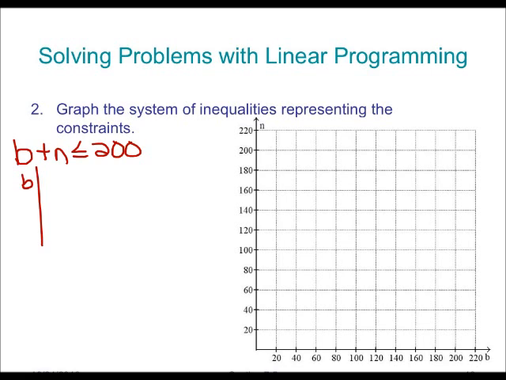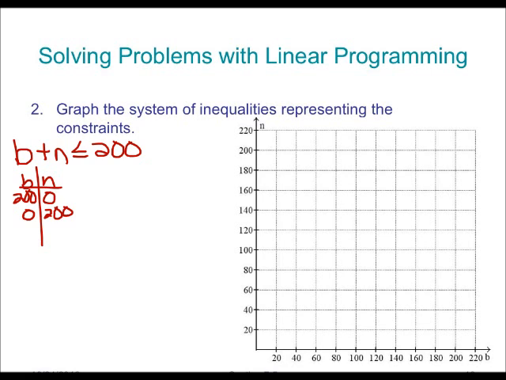So I'm going to do my intercepts. I'm going to let n equal 0. If n equals 0, I plug in 0 for n. I get b equals 200. And I'm going to let b equal 0, and I'll get n equals 200. It's going to be a solid line because of the less than or equal to.